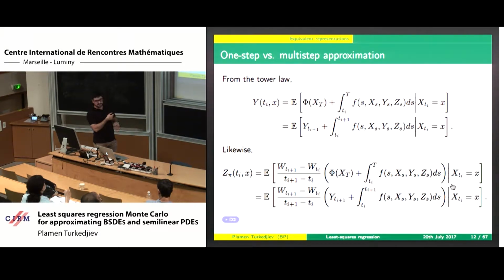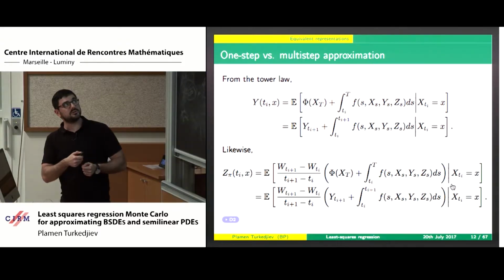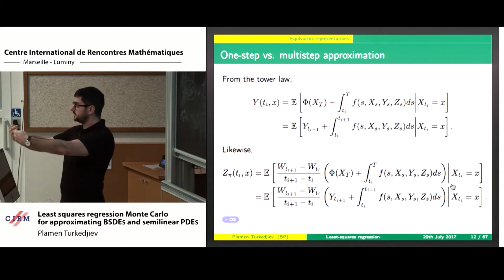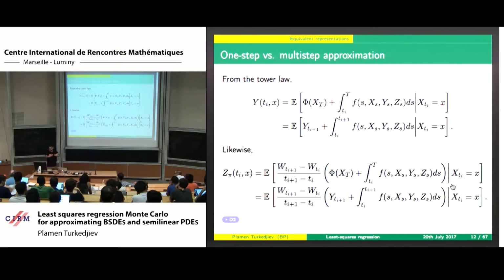So the first representation is simply to apply the Tower law. What we notice is that here we're integrating between time ti and capital T. So we're taking in the whole interval from today to the time where we mature, the final time.